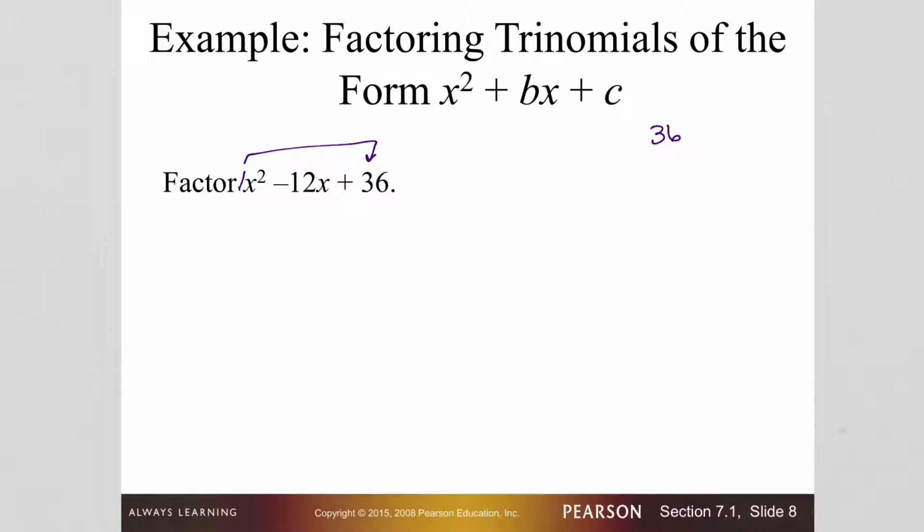Now I'm going to write down all the different pairs of factors of 36. I always start with 1, even though I know in this case it's not going to be useful, but I always start there. Then I go to 2.